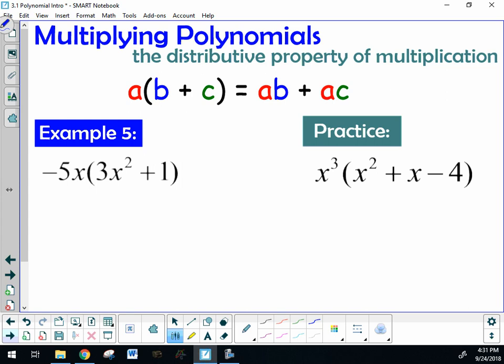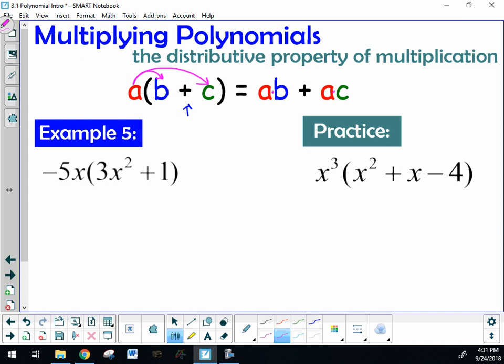When you're multiplying things that have addition, you do have to make sure that you are distributing. The a multiplies the b as well as multiplies by the c. So it's a times b plus a times c.